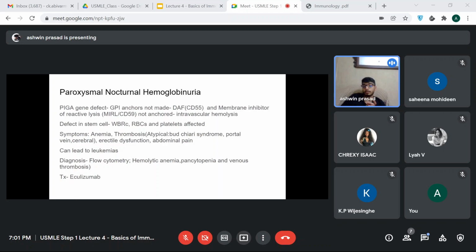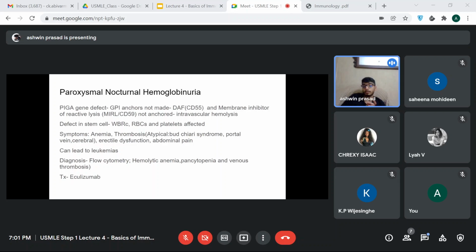And even the treatment for this condition is very relevant to what we just learned. It's called eculizumab. It is a human-made antibody against C5, complement factor 5. As we know, the C3 convertase and the C5 convertase end up activating C5 complement to form MAC.